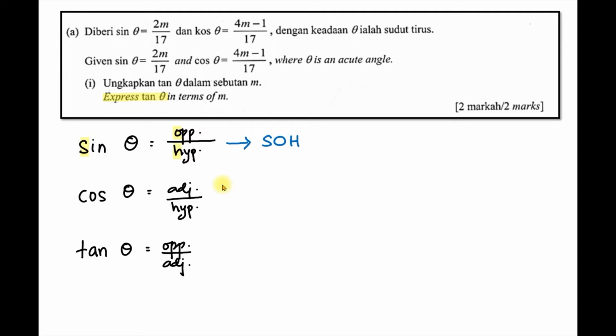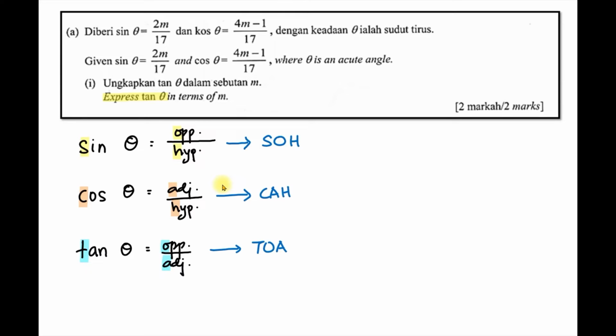Then you can do the same thing for CAH to form CAH, and then you can use TOA, which will form TOA. And these could be your 3 new best friends that you have to learn their names. This helps you to remember the formula easily.